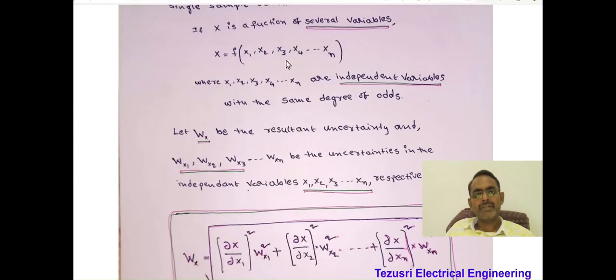If x is a function of several variables, x equals f of x1, x2, x3, x4 and xn, where x1, x2, x3, xn are independent variables with the same degree of odds. Let Wx be the resultant uncertainty, and Wx1, Wx2, Wx3 and Wxn be the uncertainties in the independent variables x1, x2, x3 and xn respectively.